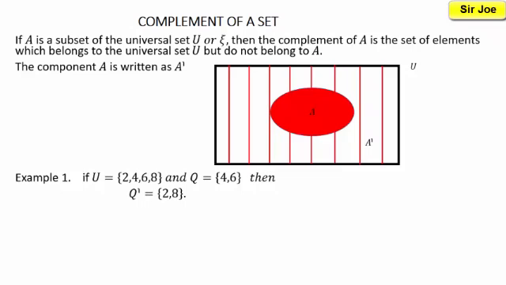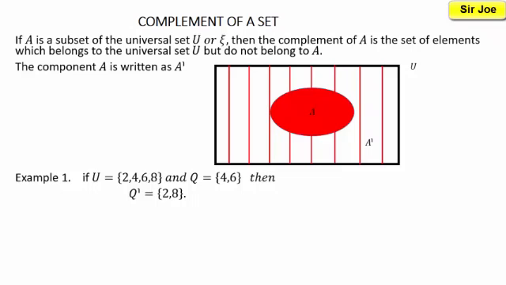Example 1. If U is equal to 2, 4, 6, 8 and Q is equal to 4, 6, then Q complement is equal to what? Now, let's look at U. U is equal to 2, 4, 6, 8 and Q is equal to 4, 6. You see, U becomes our universal set here.